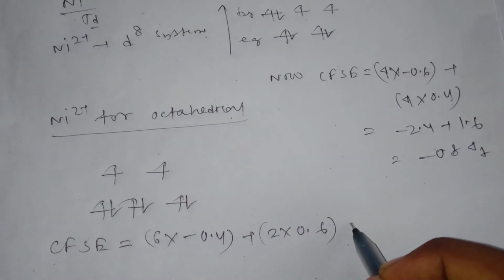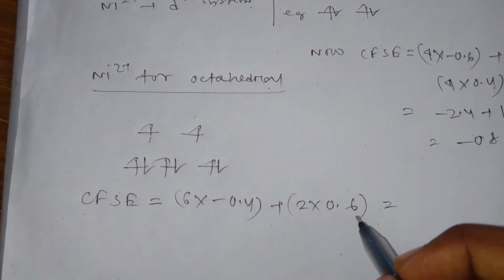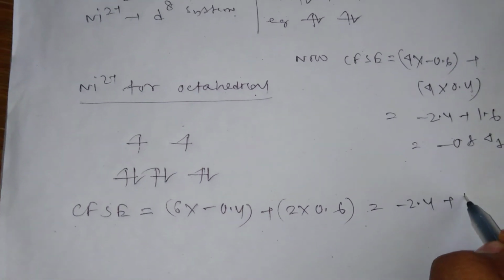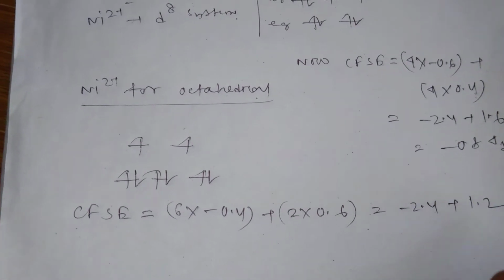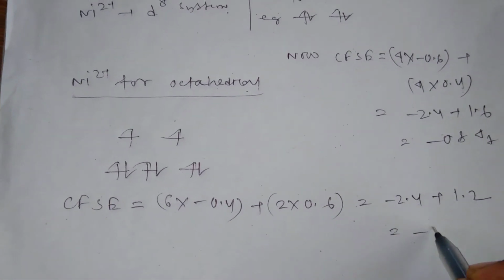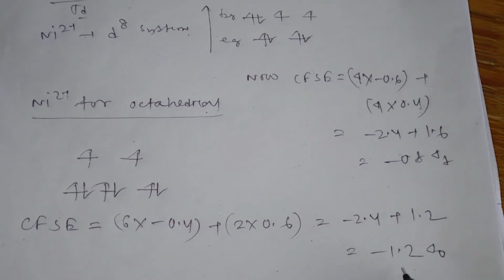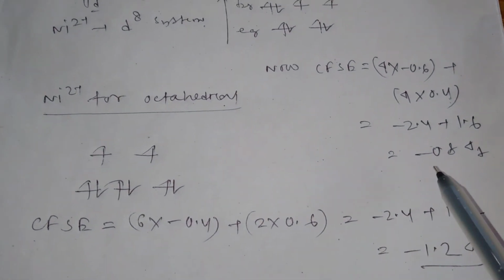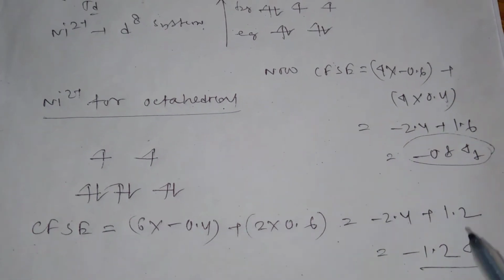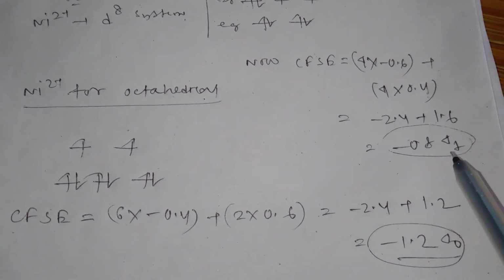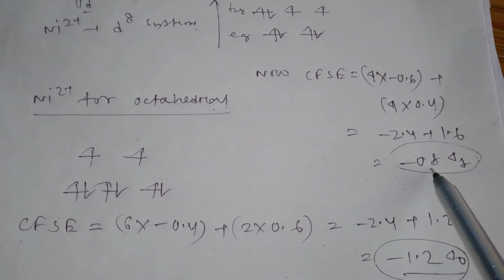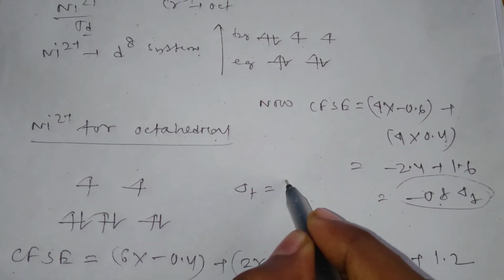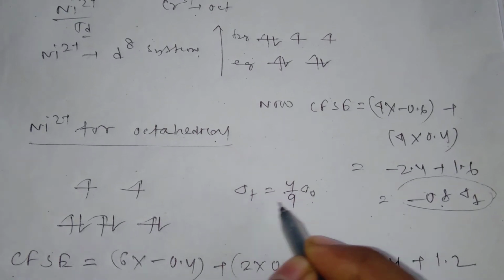Okay, then we get minus 2.4 plus 1.2 equals minus 1.2 delta O. Okay, now if we compare this value with this value, we change it into octahedral, where we know delta T equals 4/9 delta O.